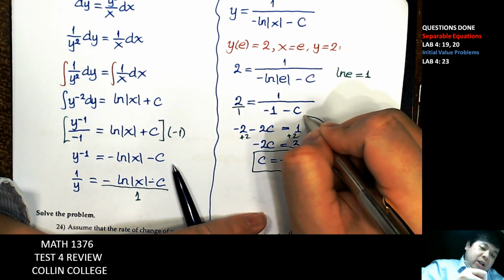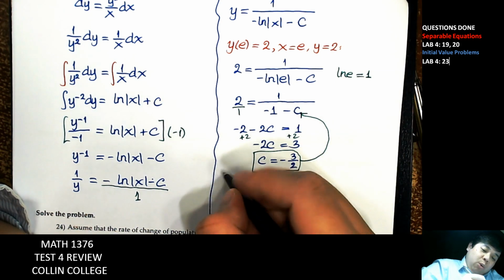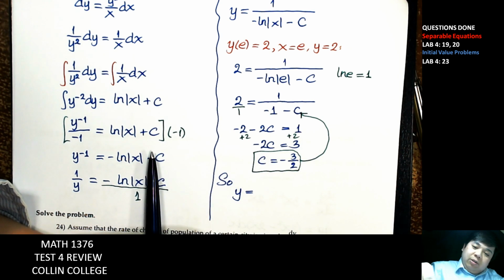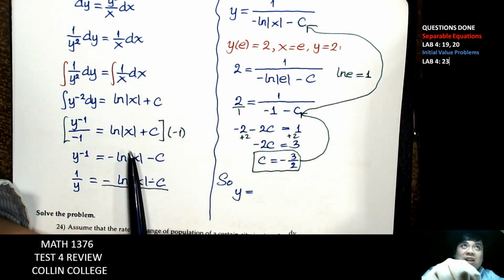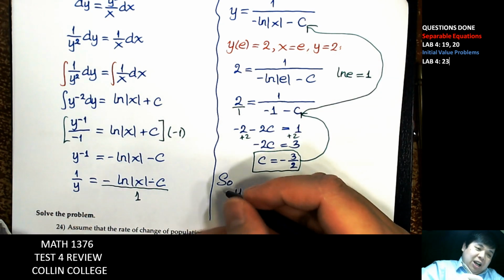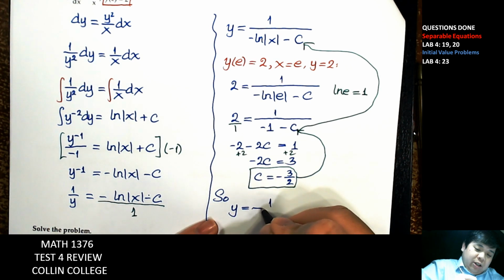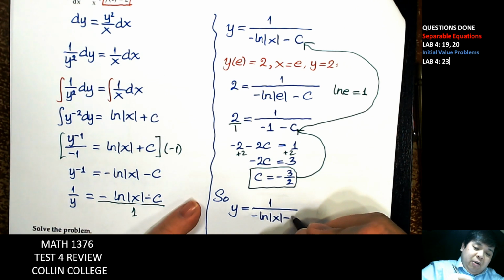Which we can use and substitute back in to this c. So y will be equal to, sorry, wrong one, I mean to that c. So y equal to 1 over negative ln of x minus c, and c is negative 3/2.